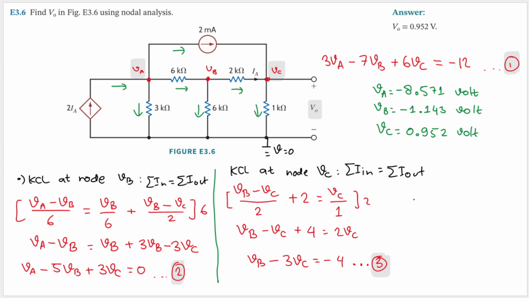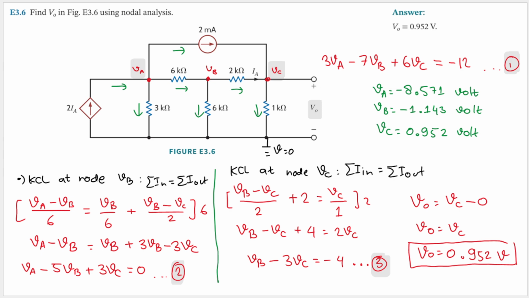Let's write it in red maybe. V0 is equal to VC minus the ground, so I'll have 0. And so we'll have V0 is equal to VC. Therefore, V0 is this one here, 0.952. The unit will be in volt. And that is the final answer for this problem.